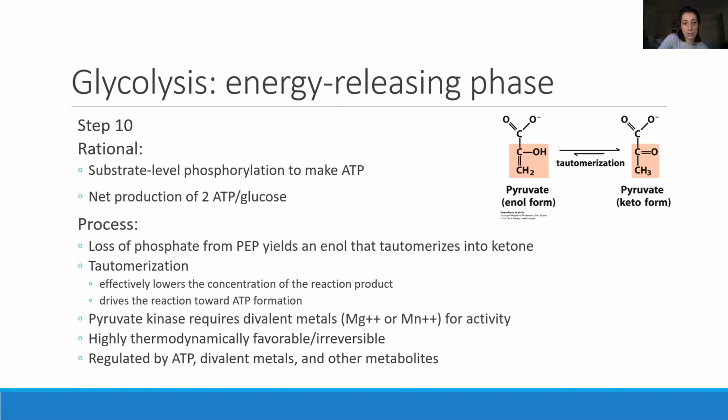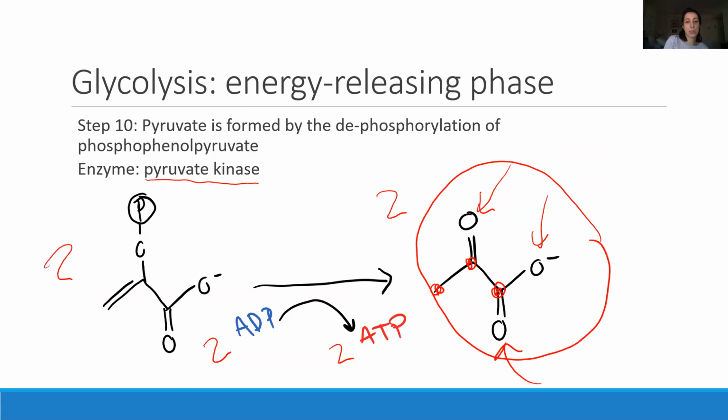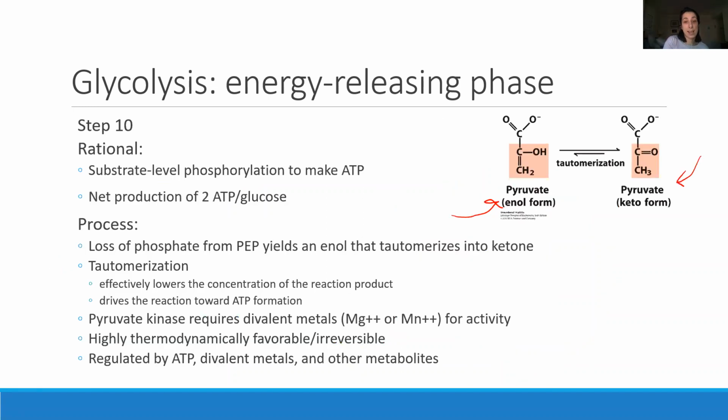Pyruvate can undergo this. You can see here is the enol form and the keto form. The keto form is the form that was shown here, which is the most prominent form that you usually see of this molecule. But as I said, it can undergo tautomerization to form an enol form.